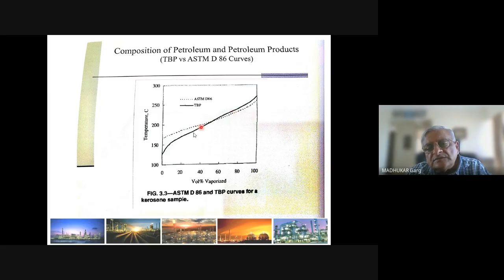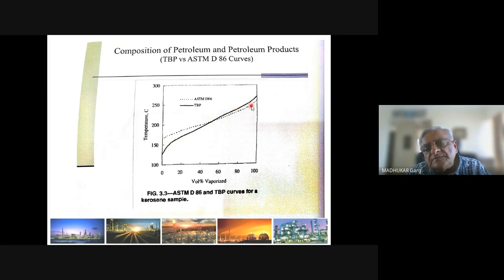So this is why the curve of ASTM D86 is at a higher temperature as compared to TBP at first, and after 50% the ASTM D86 becomes lower as compared to TBP, because here you have a better fractionation.